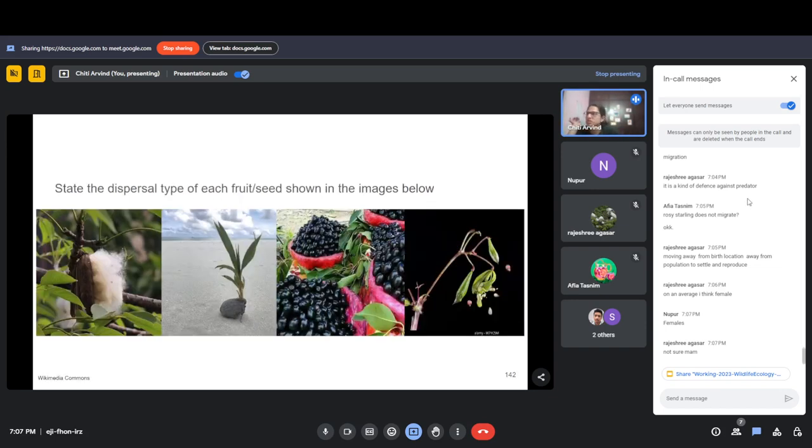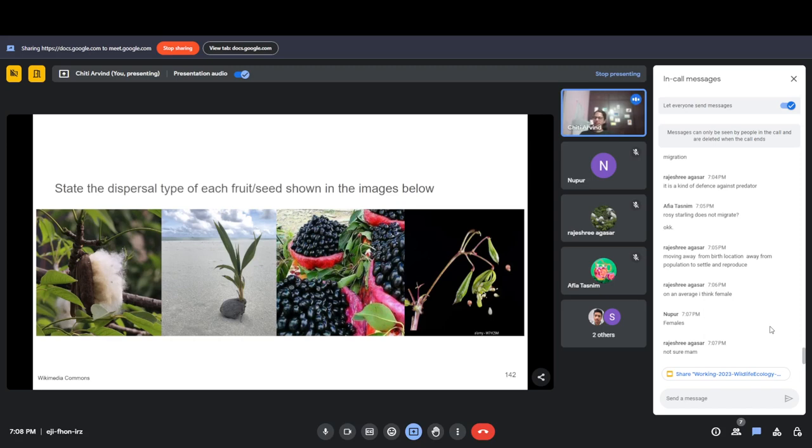Alright, so state the dispersal type of each fruit seed shown in the images given below. There are 4 images. Please list out what could be the mechanisms for dispersal. So let's go to the first image.